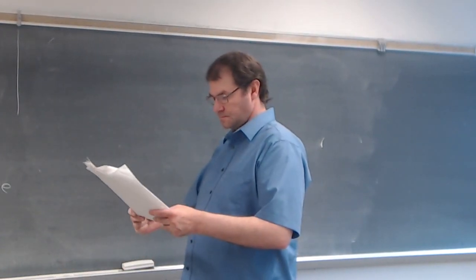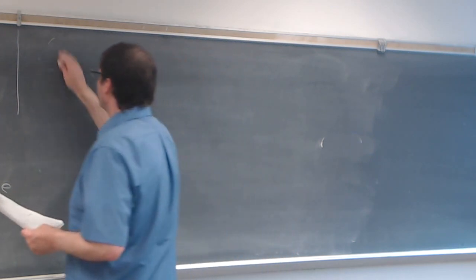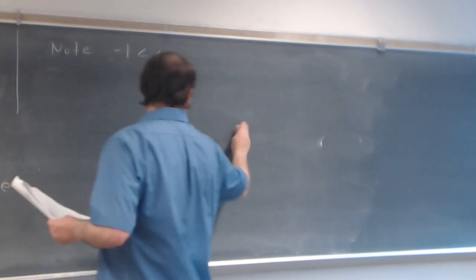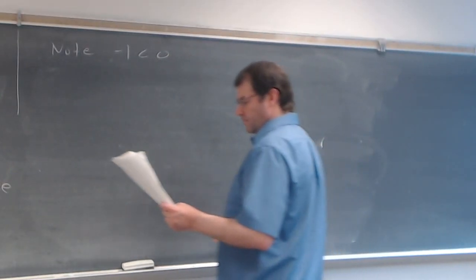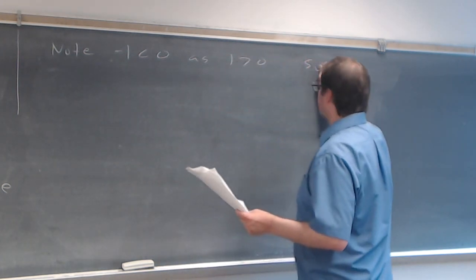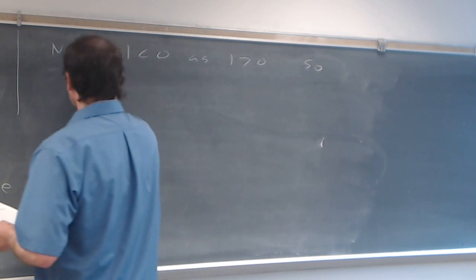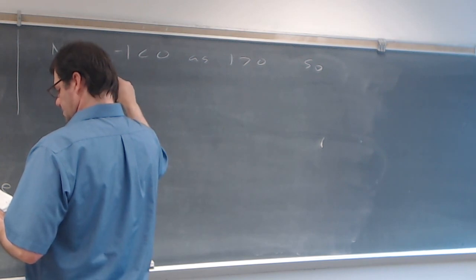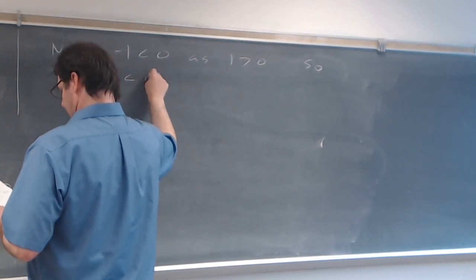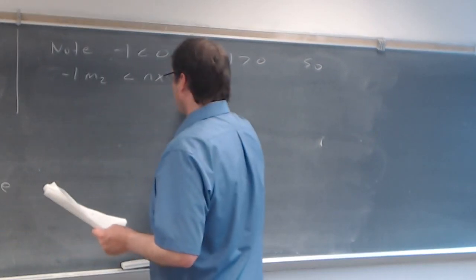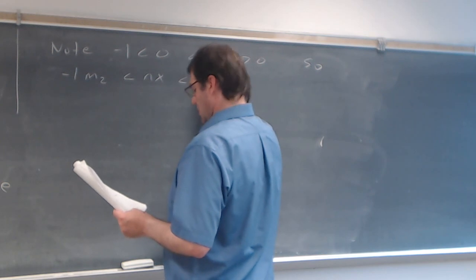Okay, now the first thing we should say is that note minus 1 is less than 0. It's because 1 is bigger than 0. So minus 1 times M2 is going to be less than nx, which is going to be less than M1.